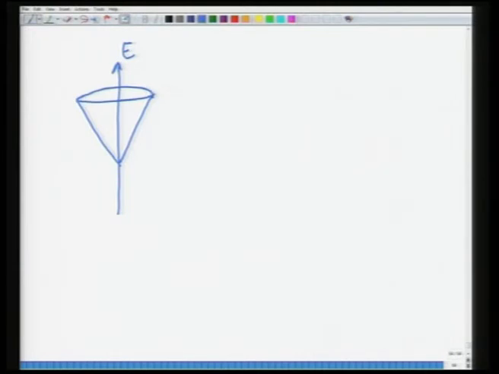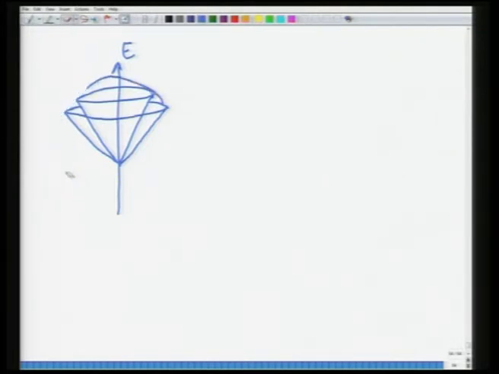We might have another cone, and these lying together basically look as if it's a sphere.